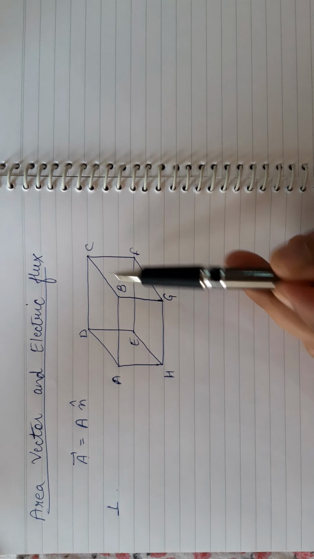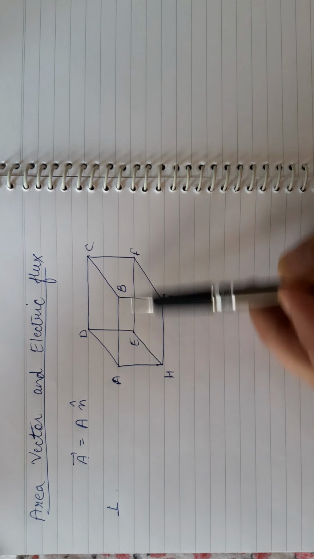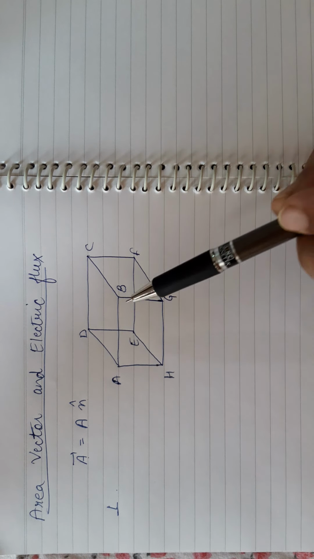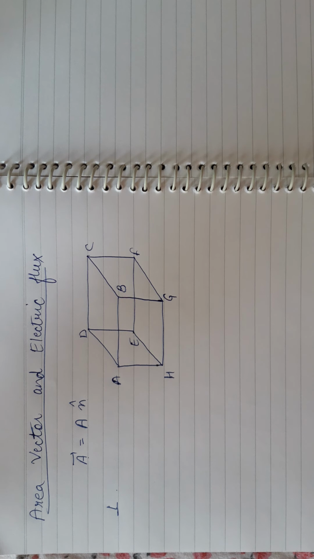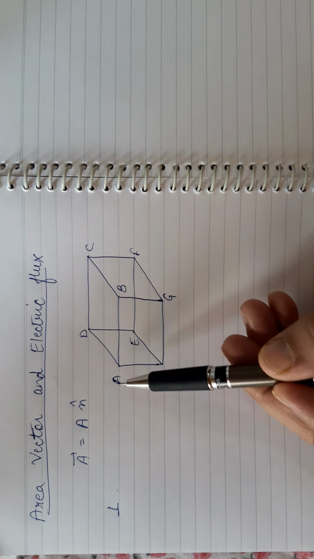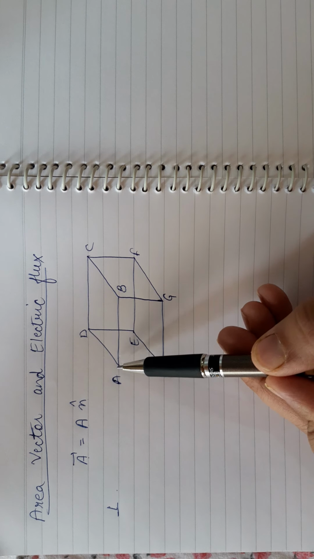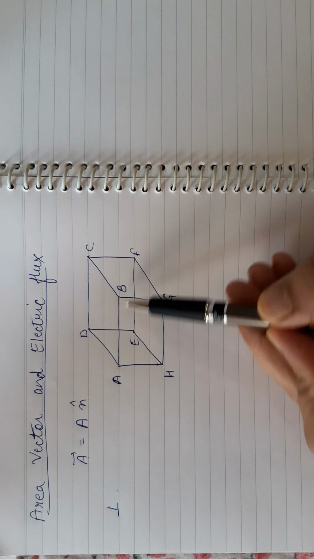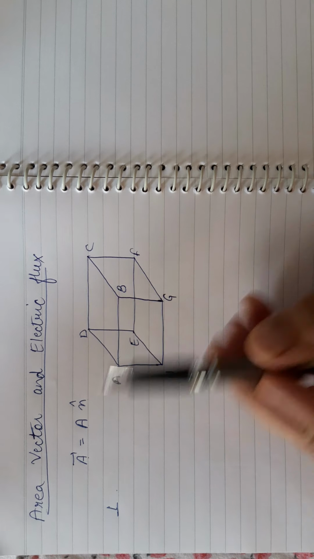Now if we have a closed figure like this, ABCDEFGH, this is a cuboid. Then the area vector of any of its sides can be expressed as follows: the magnitude is the area ABCD.